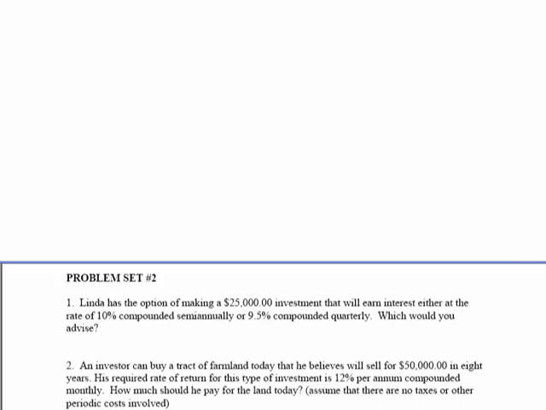Now, as always, before we start a problem set, what we want to do is make sure the two golden rules. One is that your calculator is set on one payment per year.